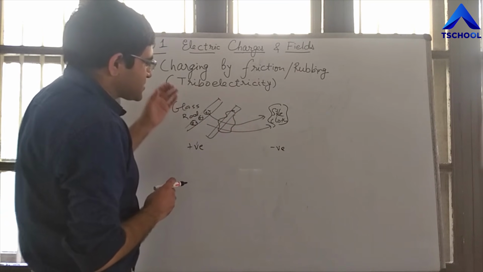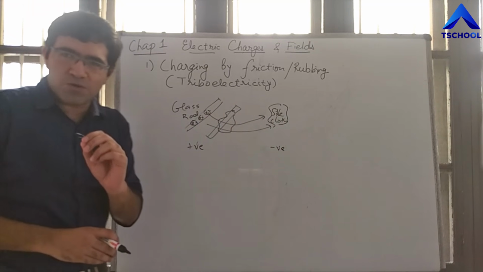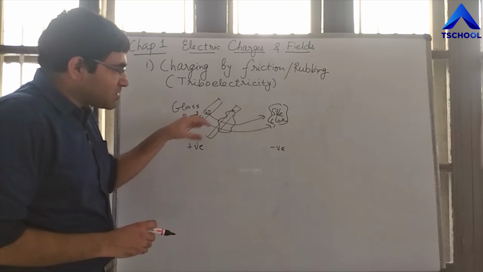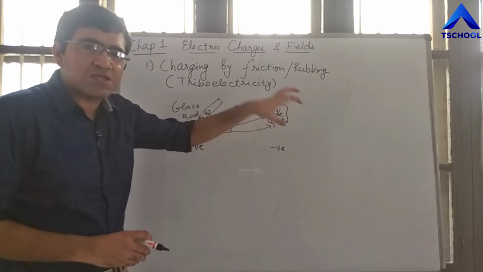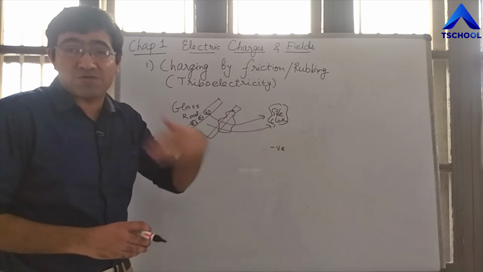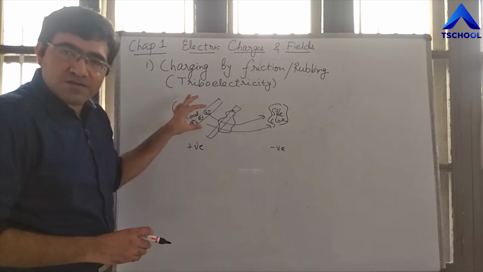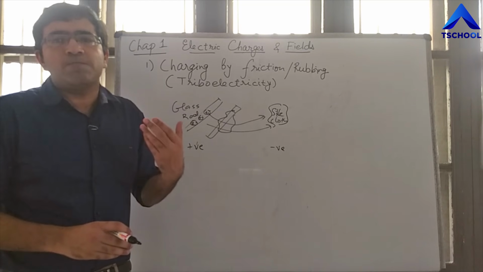So some electrons are transferred from the glass rod to the silk cloth. I'm sure you have studied this in chemistry. If electrons leave the glass rod and go to the silk cloth, the silk cloth will become negative because electrons themselves are negative, and the glass rod from which the electrons have left becomes positive.